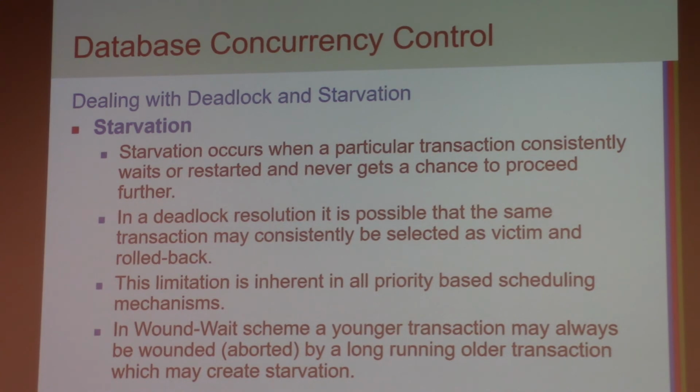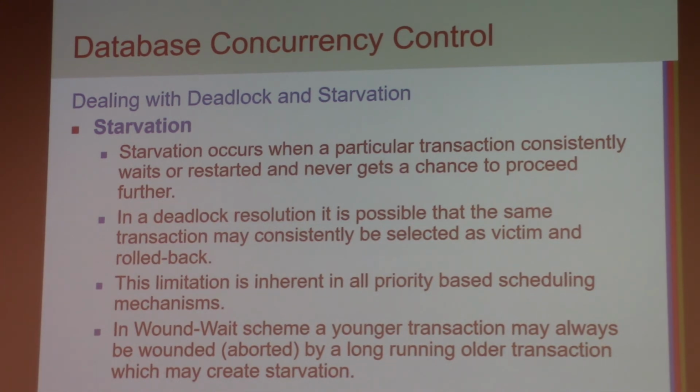We actually use the timestamp for the priority. We give the earlier transaction the priority to survive. As we learned a lot in computer science, any algorithm that is based on priority always has a starvation problem.